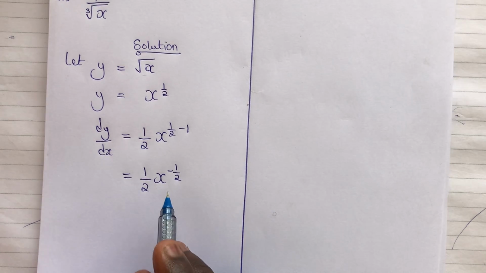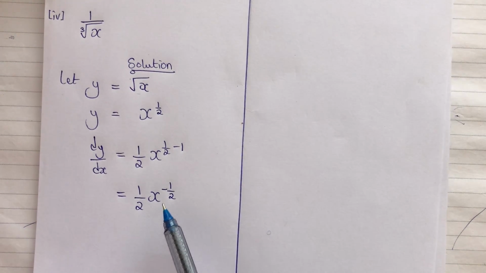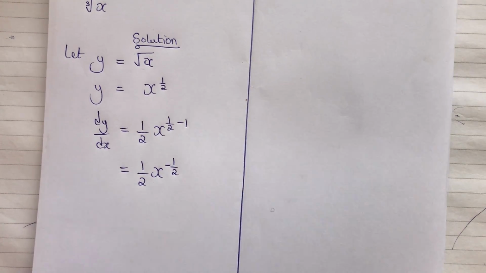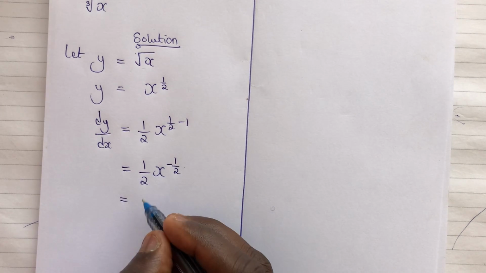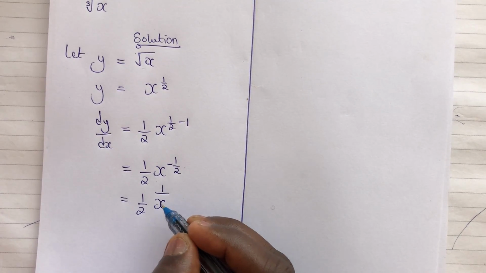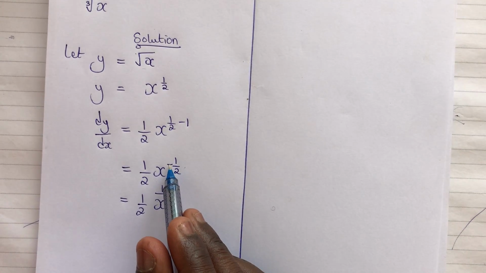All right, now you can leave your answer here, but because the question was given to us in this form, let's try to change it again. So we manipulate this using indices. From indices, I can rewrite this as 1 over 2 times 1 over x to the power half, so that I can remove this negative.